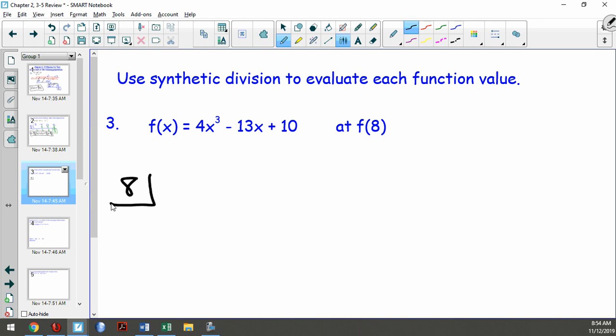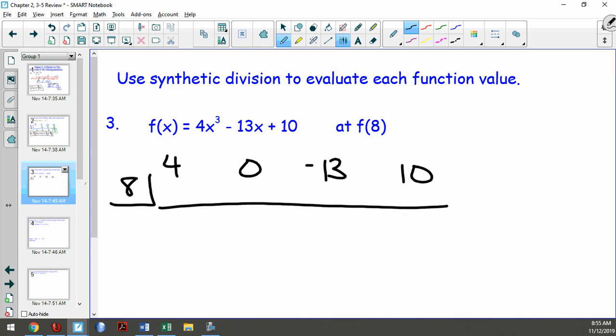And then you're going to have 4x cubed plus 0x squared minus 13x plus 10. Notice, again, there's a place value there that you have to put a placeholder in. Do we all understand that? I will have it on the test tomorrow. You cannot forget to check. Degree 3. So this is 3, 2, 1, 0. Remember how I checked every time just like that?